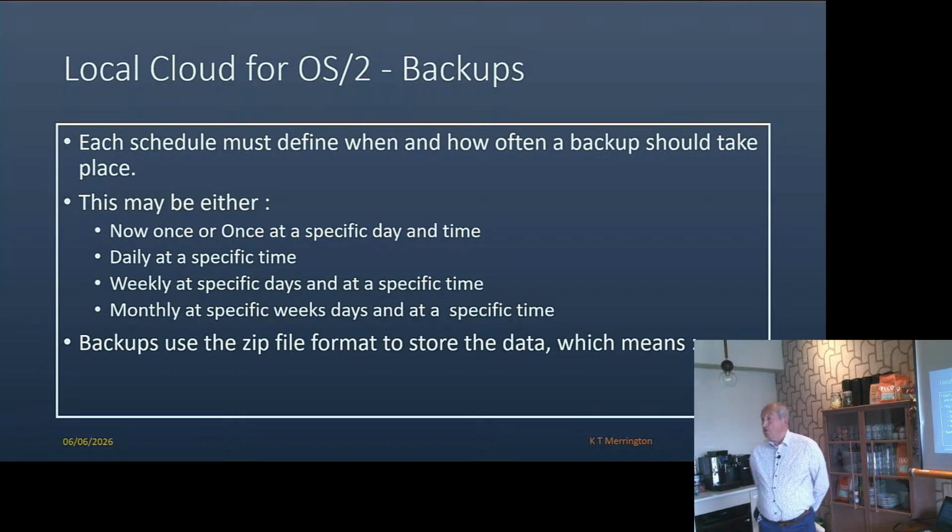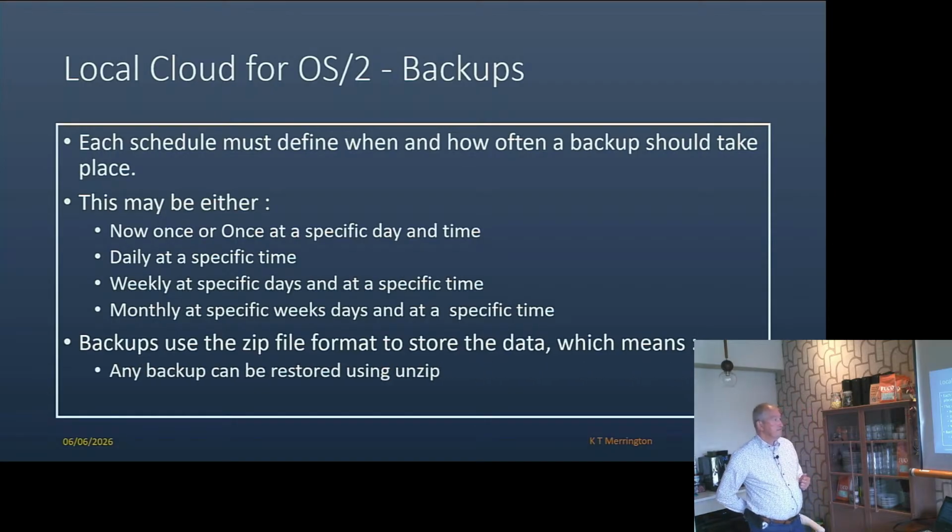The backups use the zip file format. The reason I've used this, as I said at the beginning, is that if anything happens, you have access to this file outside of this program. You're not locked into the program. It's not a proprietary file system. So you can restore using unzip if you wish.